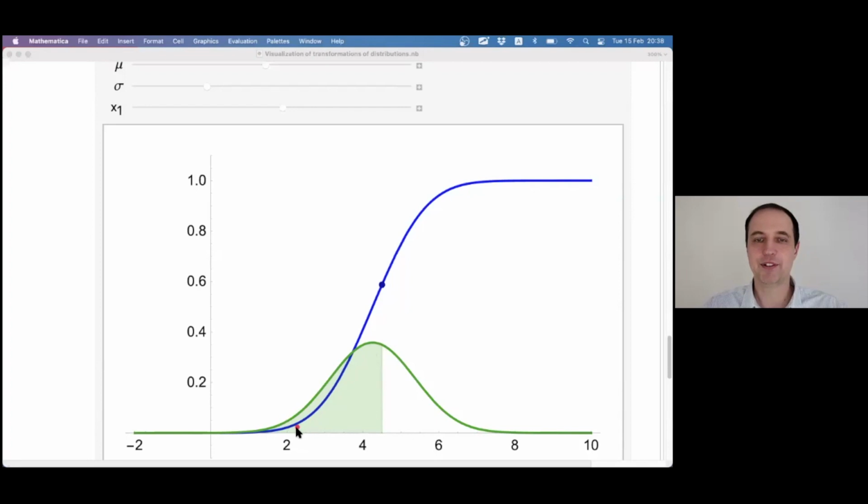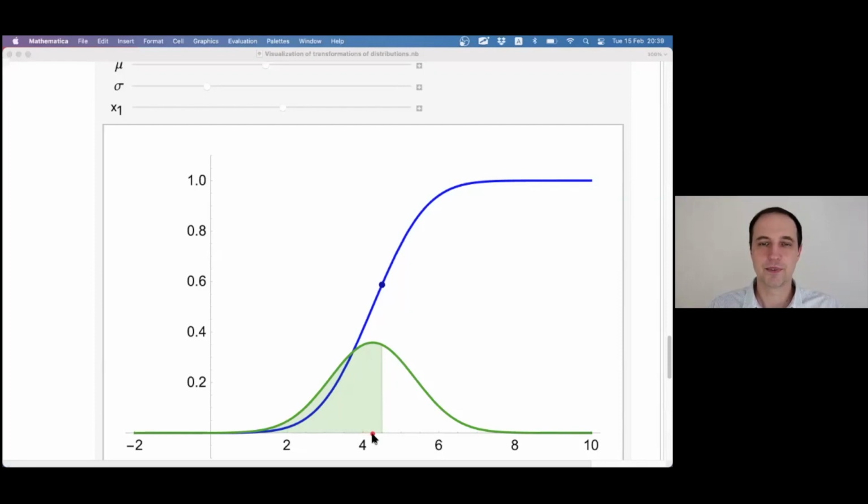The PDF is supposed to be a probability density. So it tells you how likely the value of x is in some small chosen interval. So if the height here is high, it means it's more likely that in some small interval around that, the realized value of x will show up.